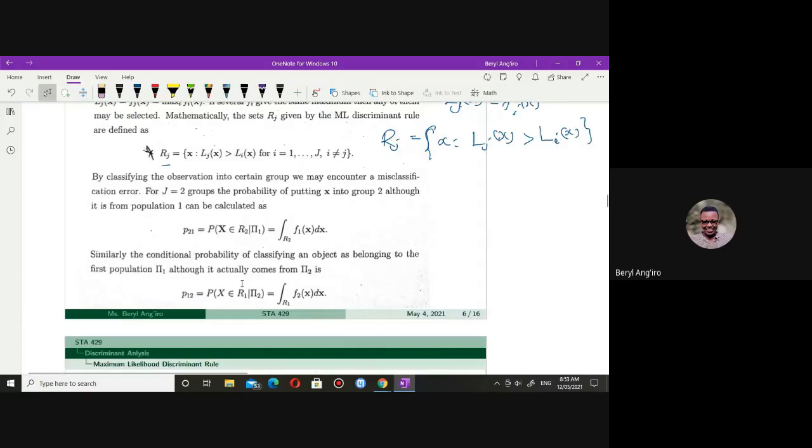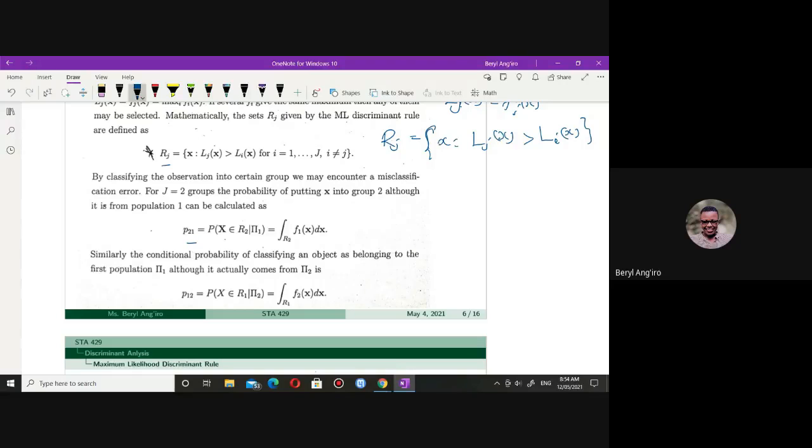By classifying the observations into certain groups, we may encounter misclassification error. For instance, for J equals 2, that is only two populations or two groups, the probability of putting x into group 2, although it is from population 1, can be calculated as this.